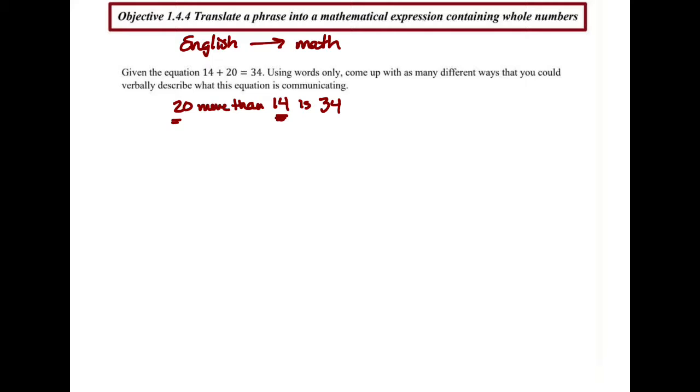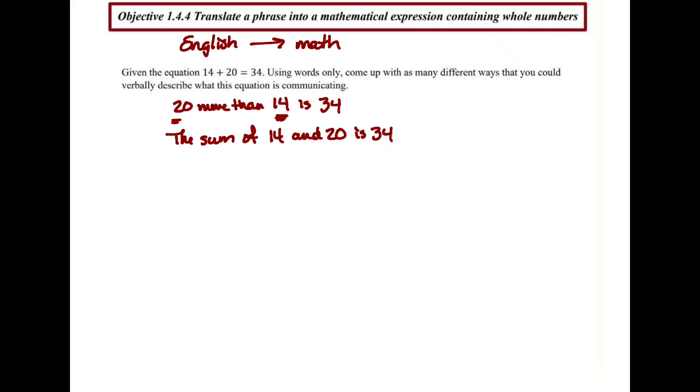Okay? So this is kind of going backwards. We start with the math and we've translated it into the English. So we're going to do the backwards part first. Okay, what about the sum? We talked about that, right? Add means sum. The sum of 14 and 20 is 34.